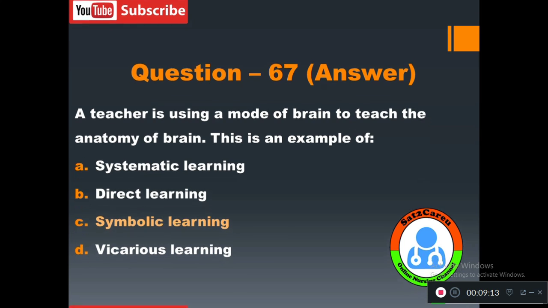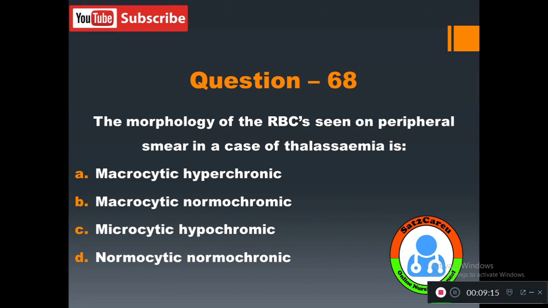Question number 68. The morphology of the RBCs seen on peripheral smear in a case of thalassemia is option A macrocytic hyperchromic, option B macrocytic normochromic, option C microcytic hypochromic, and D normocytic normochromic.